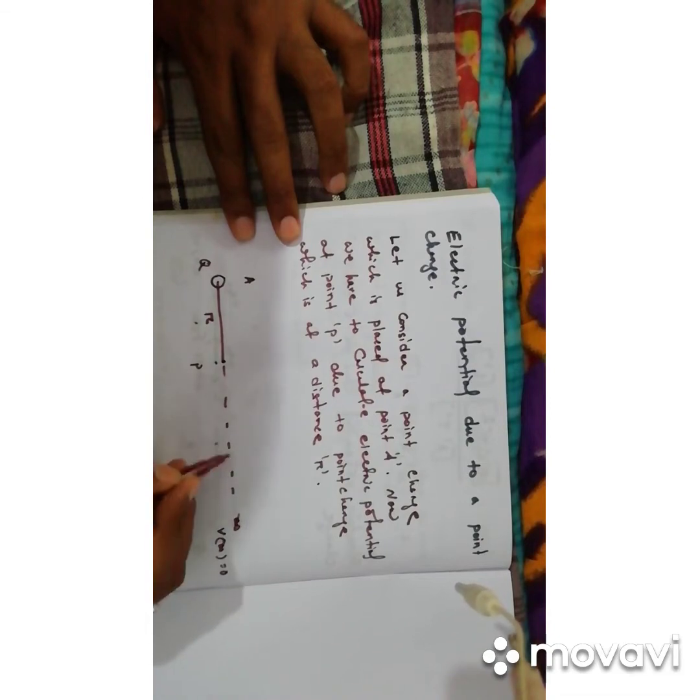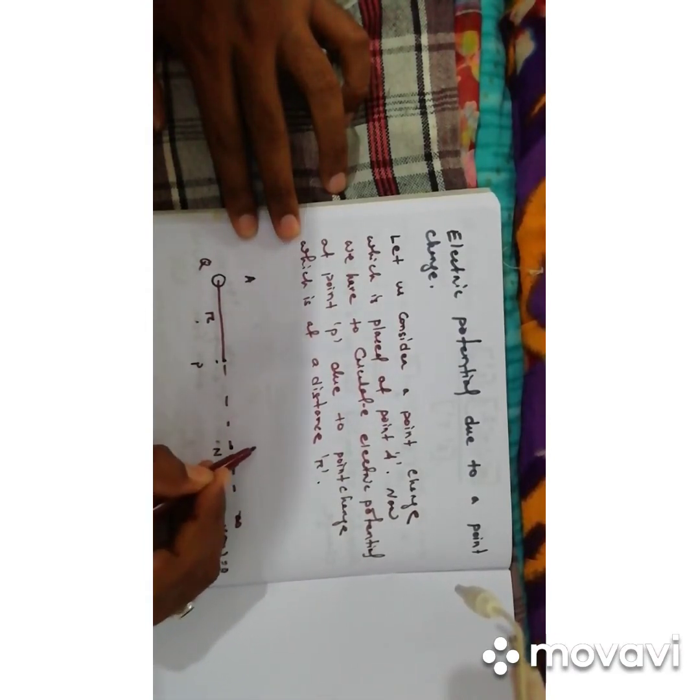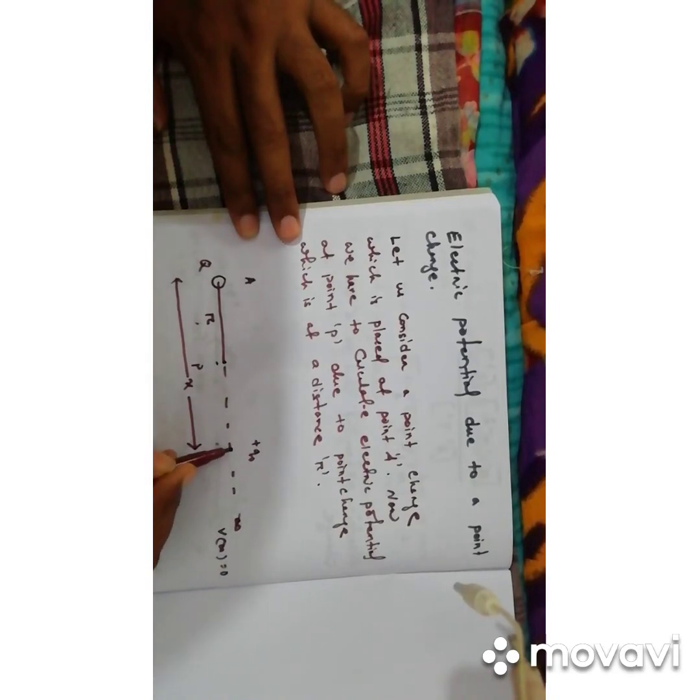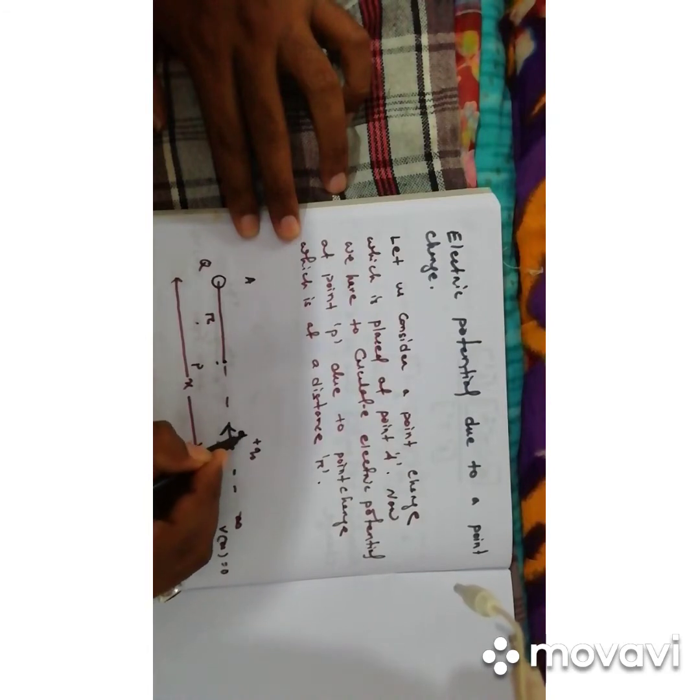So we assume a point N where the test charge is present, situated at a distance x from the point charge placed at A, and the test charge moves through a small displacement towards point P. That is the small displacement dx.